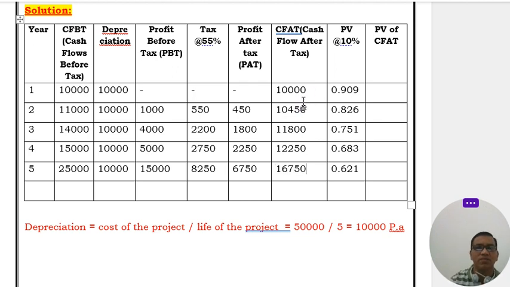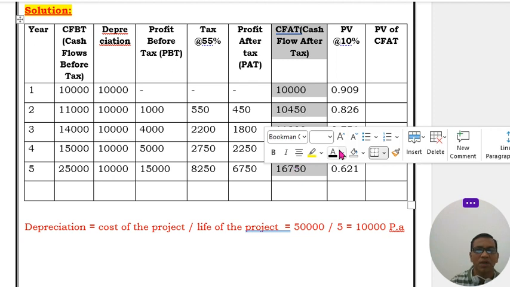So in order to calculate NPV, we need cash flow after taxes. But in this question, they gave cash flow before taxes. So from cash flow before tax, we calculated cash flow after taxes. This is what we need. How did you get this value?